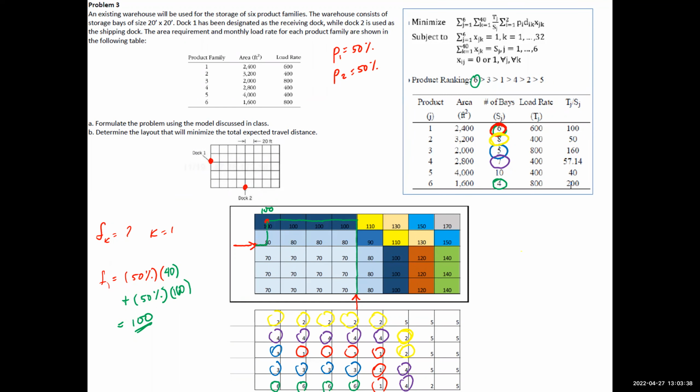So what is the important thing here? In addition to identifying the ranking of the product, is that you place them in the right bay. Oh, yes, sorry. Right here. So I have 7, 8. Thank you.